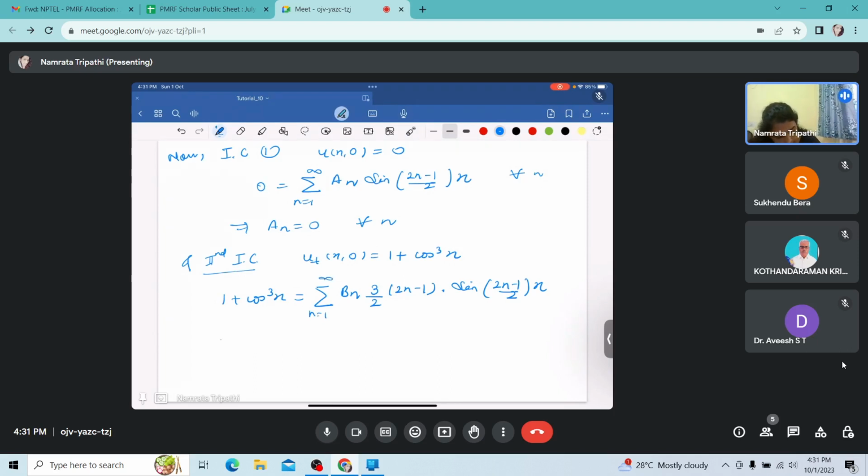Again, the value of B_n will give the integration 0 to pi sin((2n minus 1)/2 x)(1 plus cos 3x) dx, and the denominator will give pi by 2, so it will become 2 upon pi, and this term 2 upon 3(2n minus 1). Fine.